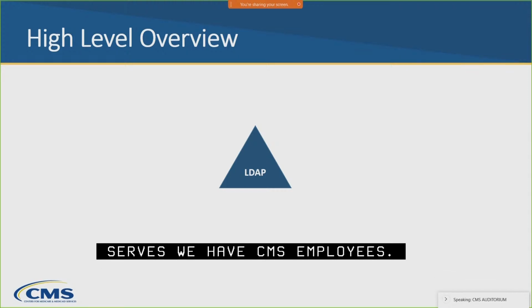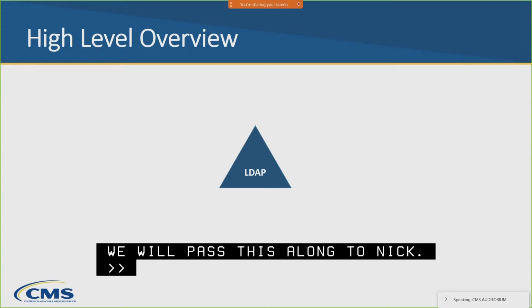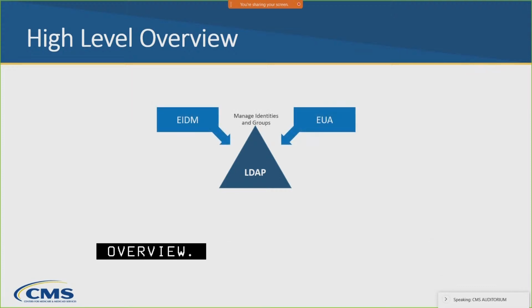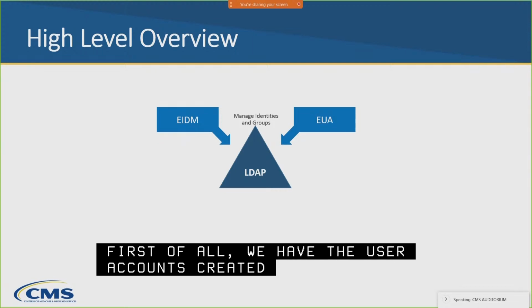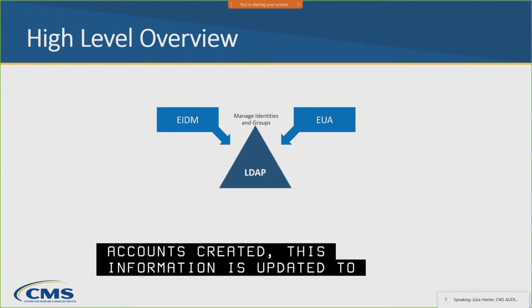Or Jeff. Thanks, Dave. So this is a high-level overview of LDAP at CMS. It depicts the relationship between the different systems. First of all, the user accounts are created within EIDM and EUA. This information is updated to LDAP so that it remains in sync with EUA and EIDM.